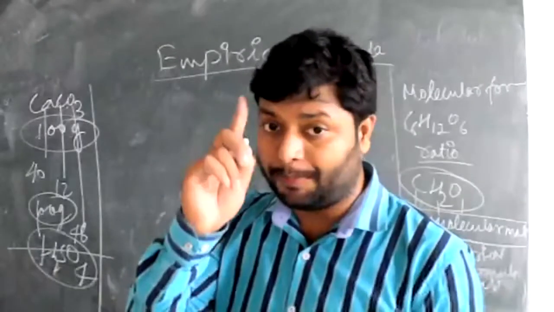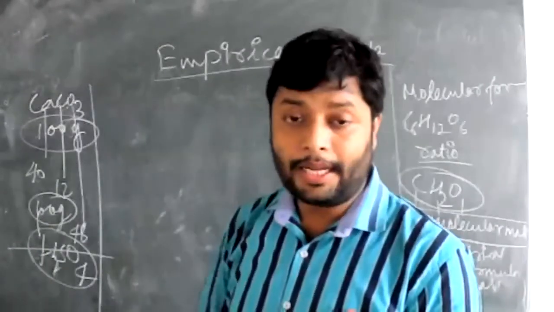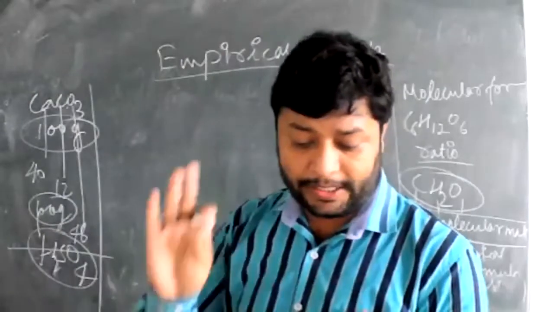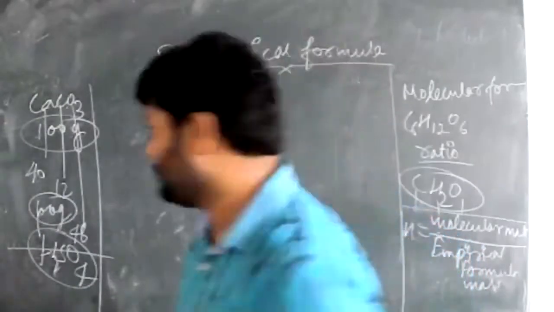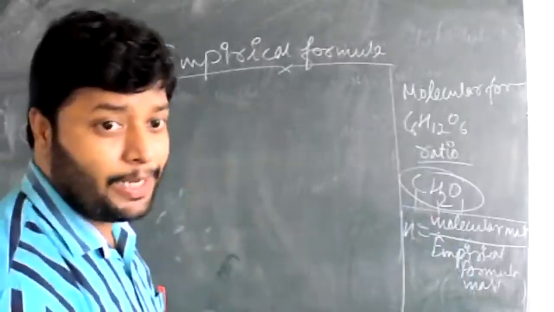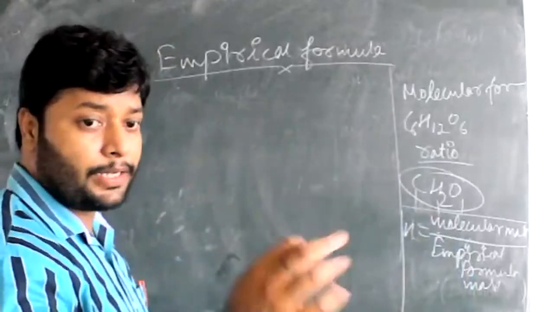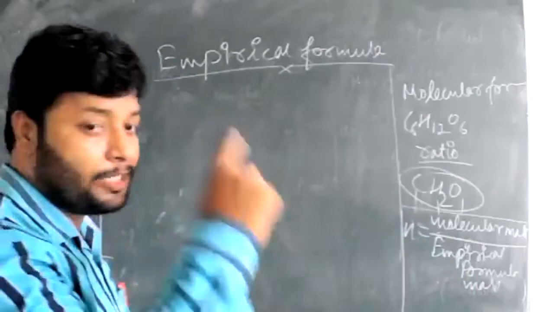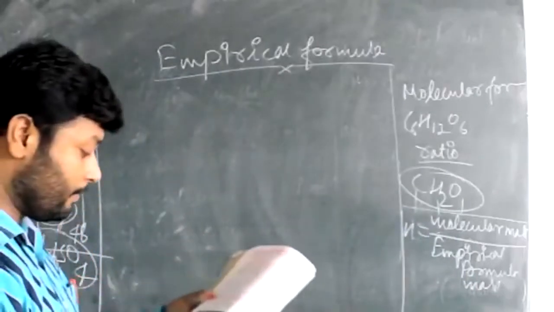Look at the concept first. There is some percentage composition given for the different elements. You have to make a table, and all numericals and concepts can be solved with the help of that table. Look at the concept carefully.